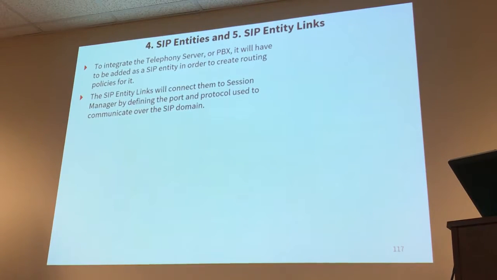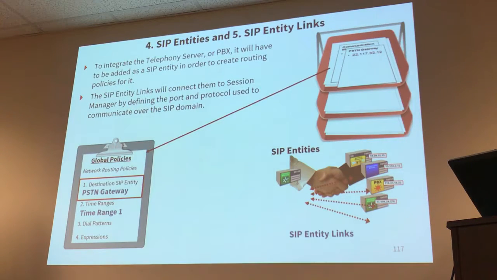Entity links, as we'll see in a few minutes, allow you to define the port and protocol for the communication between session manager and the zip entity. Okay, what was it again? The entity links allow you to configure a port and a protocol for the communication between session manager and the zip entities.